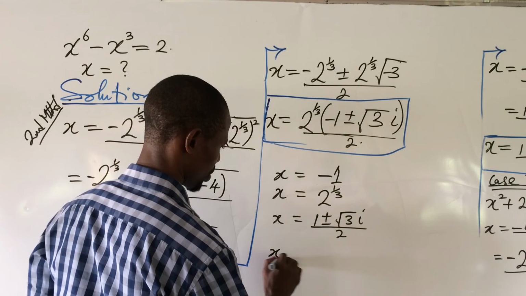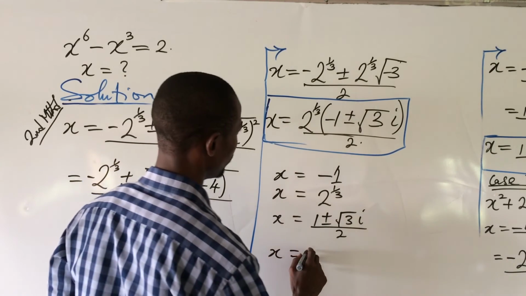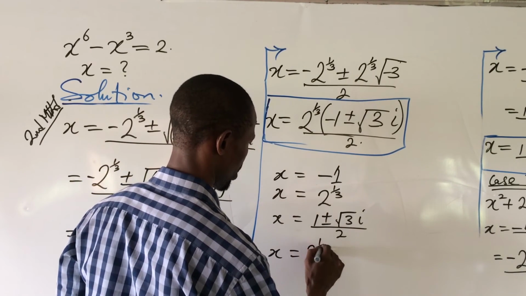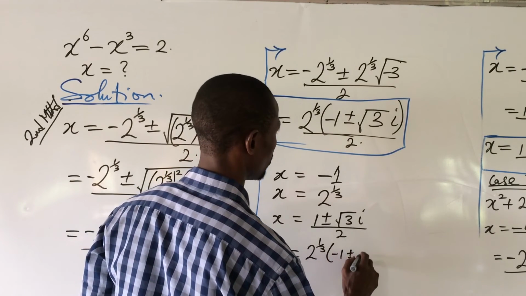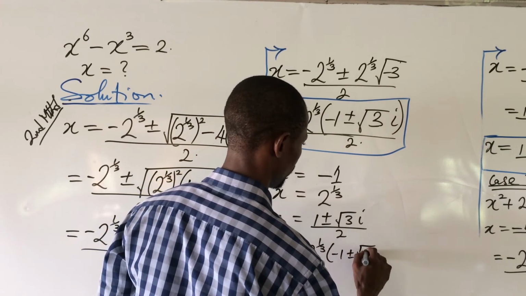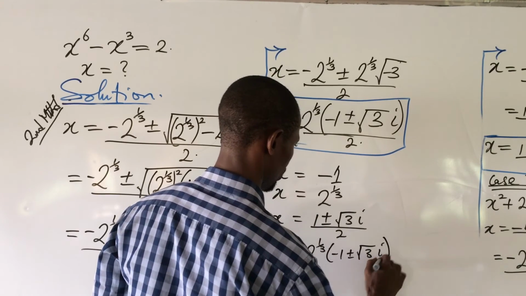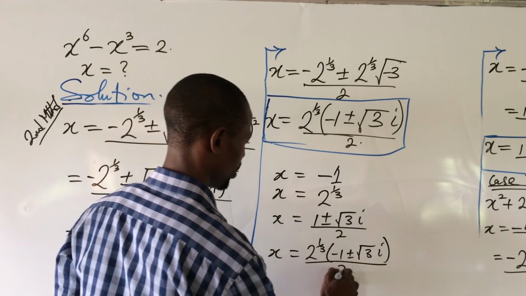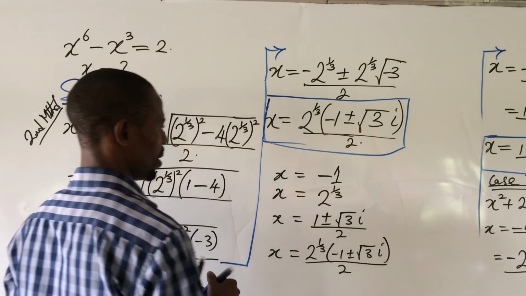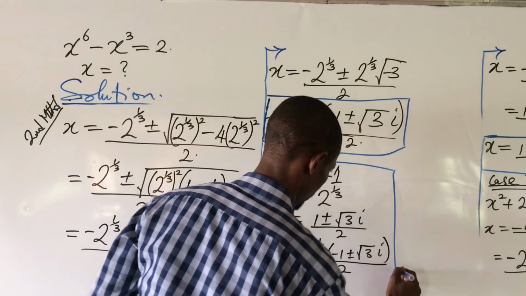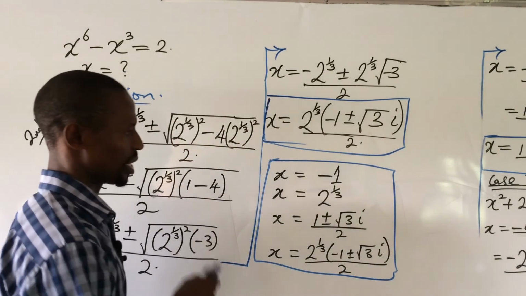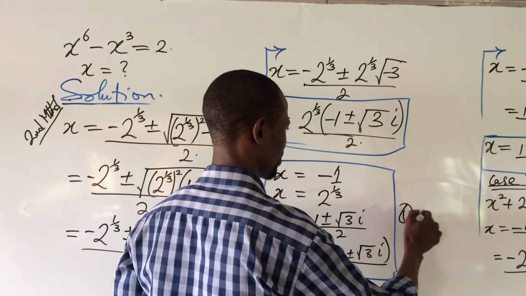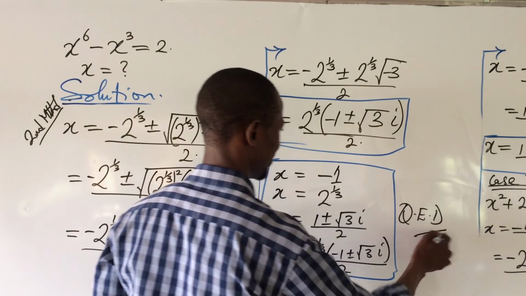Then the last one, which is the one we just solved for, is 2 to the power of 1/3, bracket, minus 1 plus or minus the square root of 3i, close bracket, all over 2. And so these are the zeros of this exponential equation, QED.